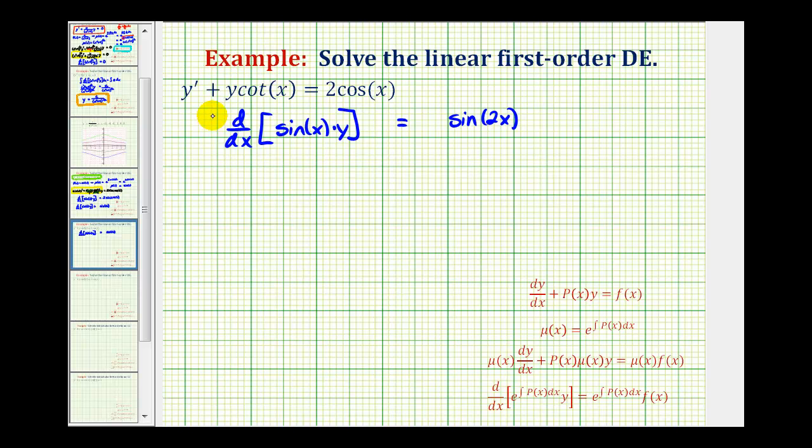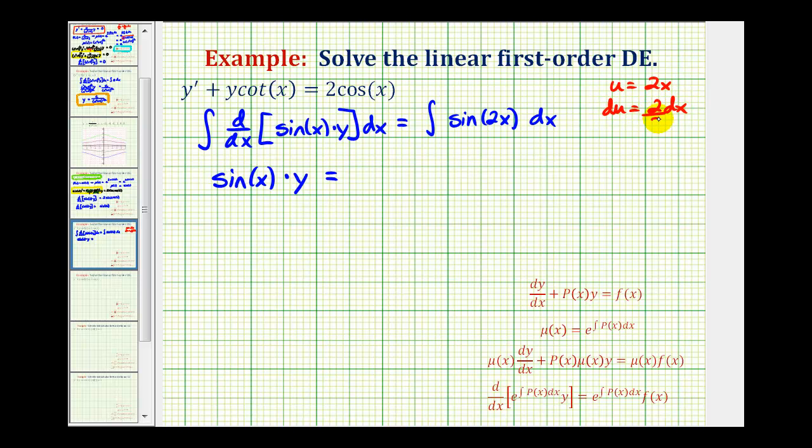So integrate the left side with respect to x, and the right side with respect to x. The integral and derivative will undo each other, so we're going to be left with sine x times y must equal the integral of sine 2x. Let's be a little careful here. That's going to require a u substitution, where u is equal to 2x, du is equal to 2 dx.